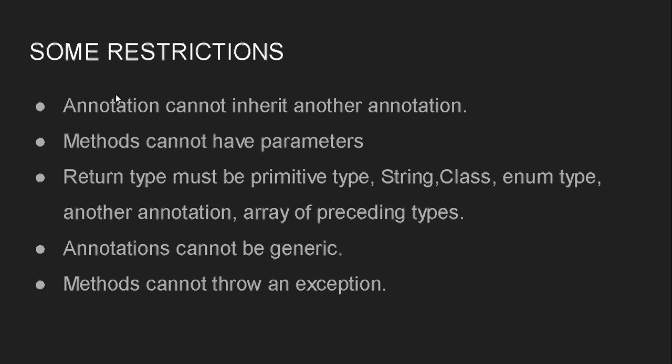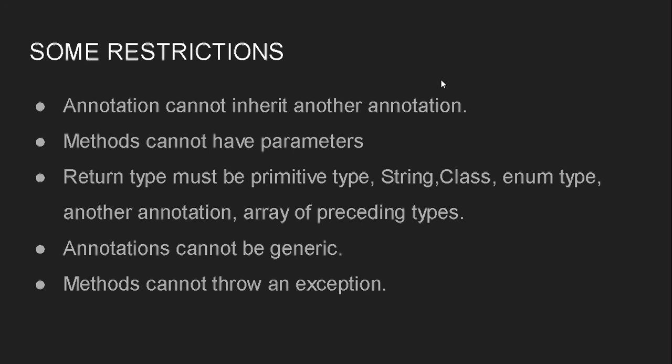But then after that there are certain restrictions which apply to annotations. If I talk about the concept of annotation, an annotation cannot inherit another annotation. This first point I have already explained a lot of times.